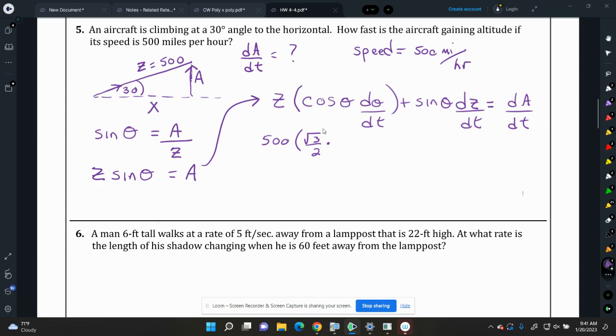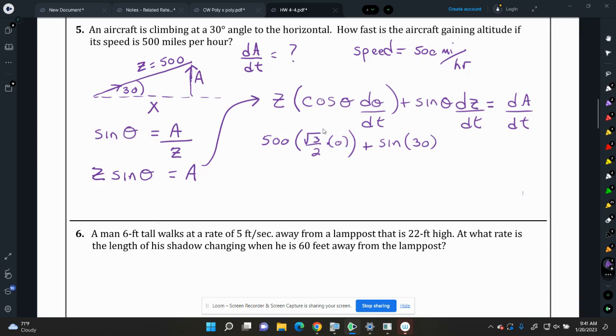Does it indicate that the angle changes? There's no rate of change in angle, so d theta dt is 0. It's not changing, it's a constant 30 degrees. Plus sine of 30 degrees times dz dt. What's dz dt?